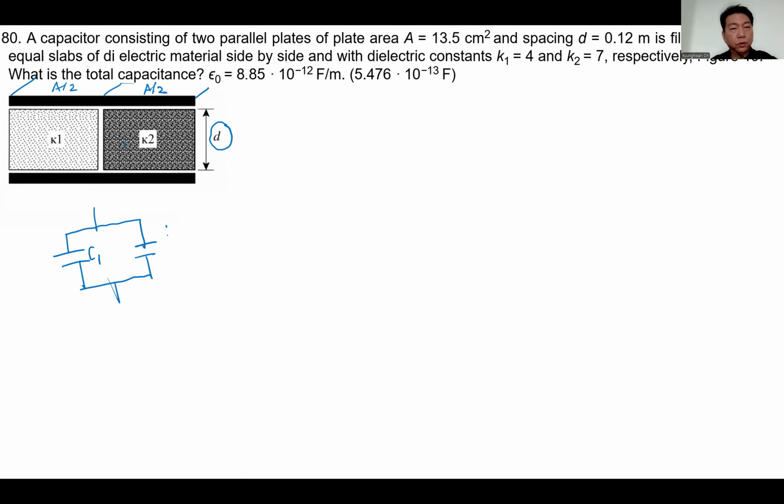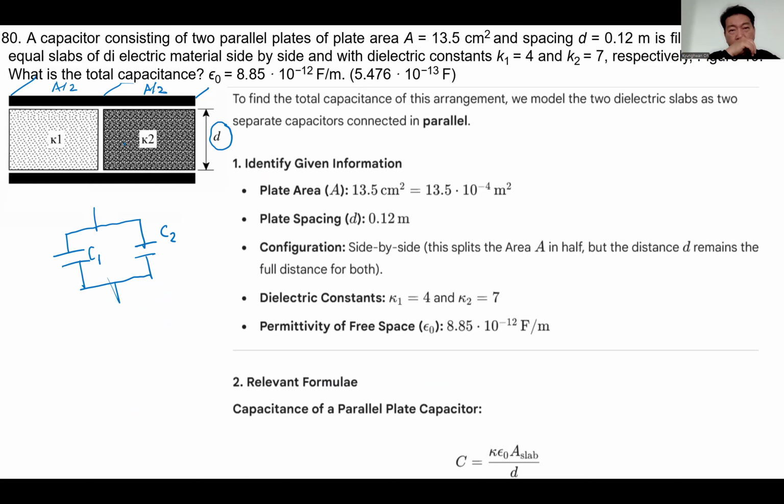C1, C2, okay. So plate area is going to be reduced to A over 2, half, but the spacing is the same, okay? And then we are going to utilize the same formula here for the slab capacitance.